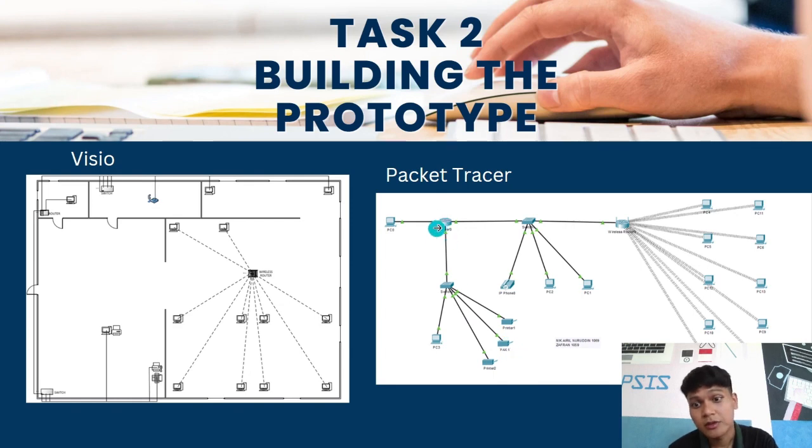This router will also be connected to switch 1. Switch 1 will be connected to the IP phone, PC2, and PC1. Switch 1 will also be connected to the wireless router. The wireless router will be connected to all these PCs over here. So, that's all from me. Thank you.